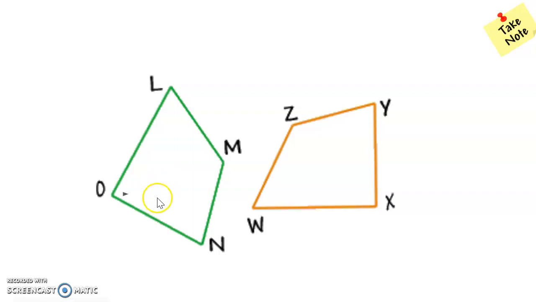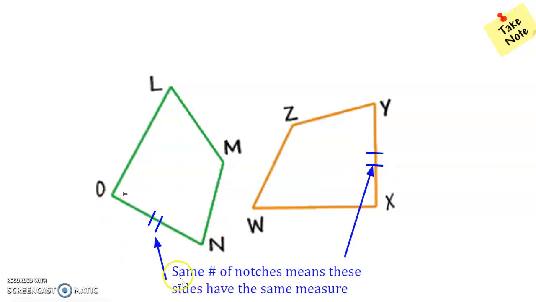So for example, if I have these two little lines, we call those notches, on the yellow figure, if I have two notches here, this communicates that the same number of notches means these sides have the same measures. So that means side ON and side YX have the same measures.